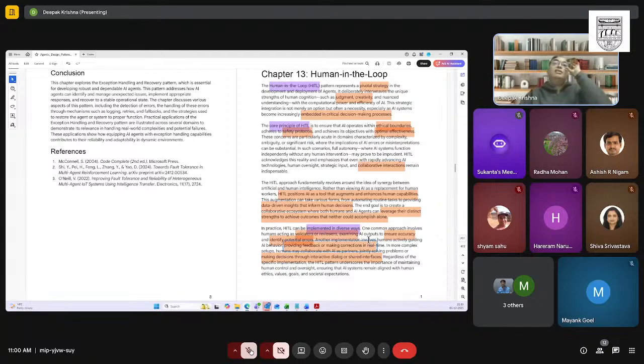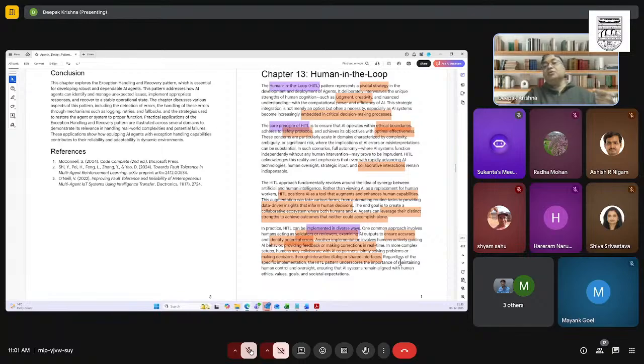Now this can be implemented in diverse ways, where it can work as a reviewer or validator or examine the AI outputs, ensuring the accuracy of the AI task. It can even be used to identify potential errors in the AI task, providing feedback for the AI, which it can learn from, which is known as reinforcement learning.